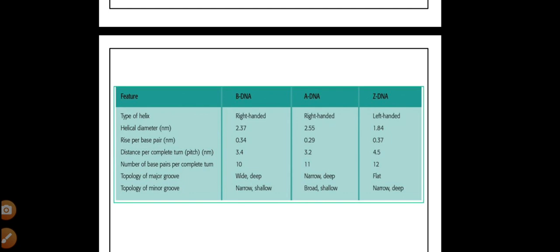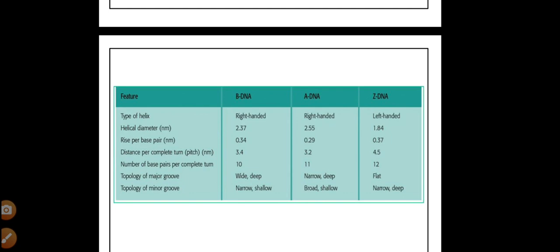And morphology, the topology of the major groove. Morphologically, the major groove in B DNA is wide and deep, and the minor groove narrow and shallow. In the case of A DNA, the major groove is narrow and deep, the minor groove broad and shallow. In Z DNA, the major groove is flat.